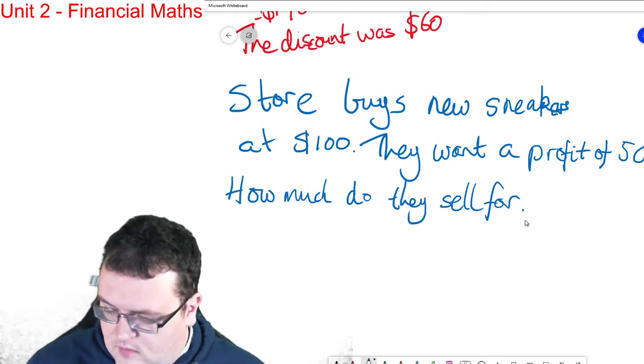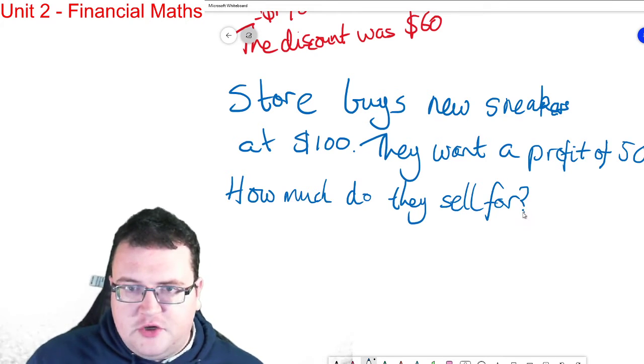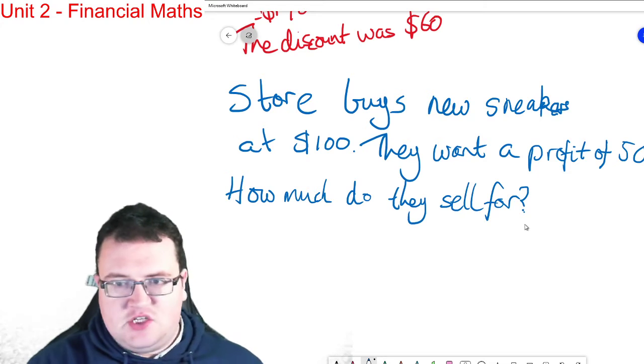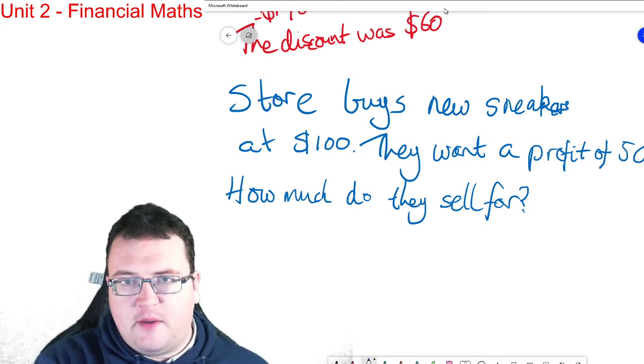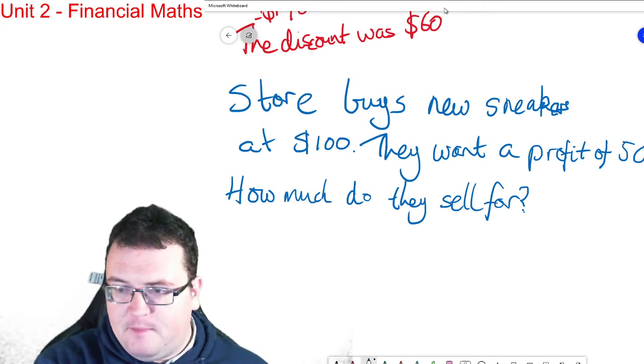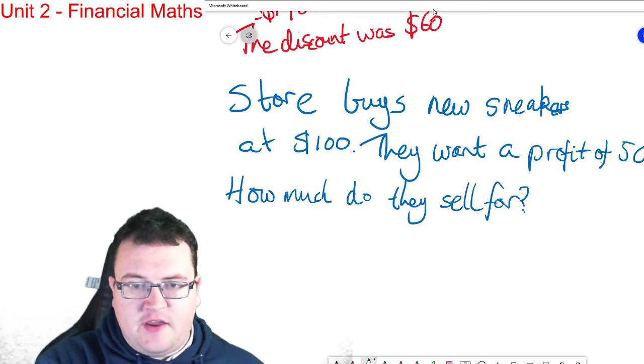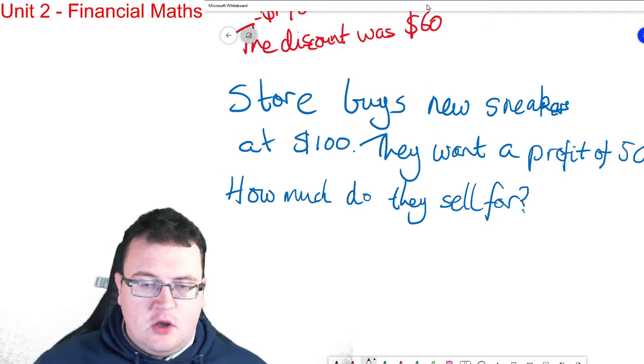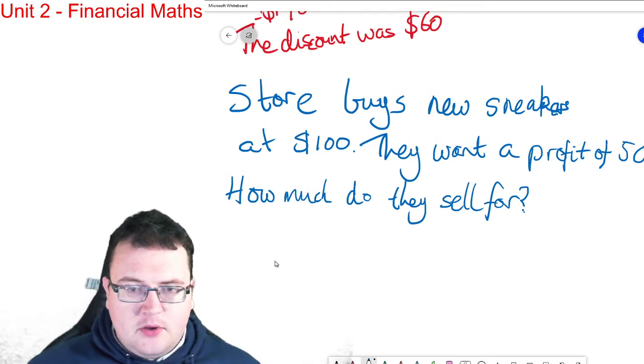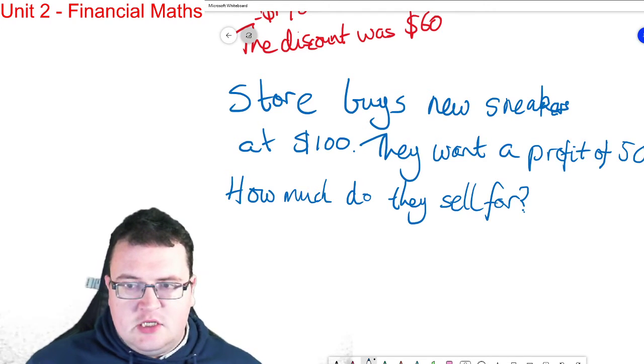So a store buys new shoes to sell in their store at $100. They want to make 50% profit. How much do they need to sell for? So first things first, the markup is obviously going to be 50%.